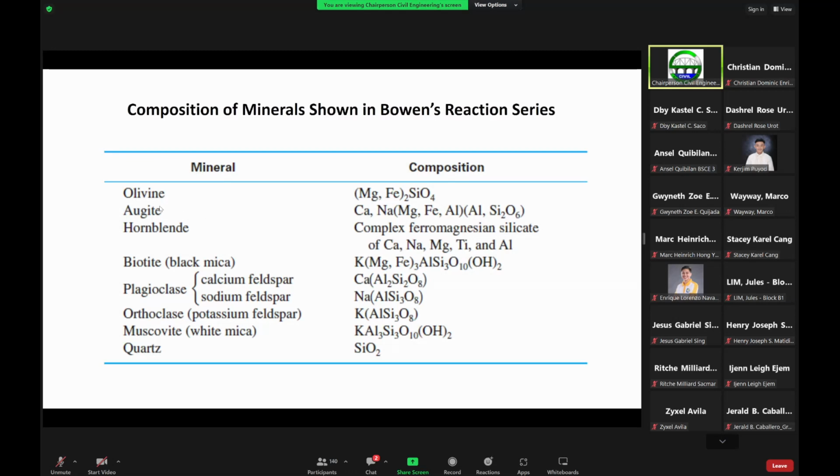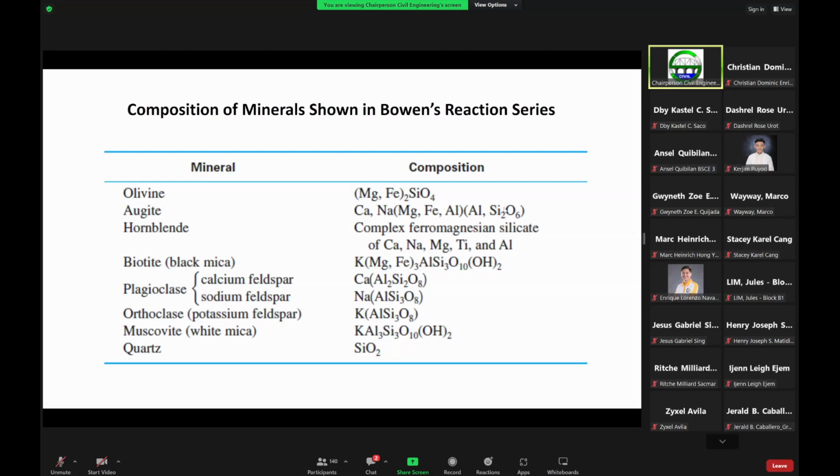This olivine is made of magnesium or iron, then you have silica, and then you have the oxides. That's the composition of olivine. Then the augite is composed of calcium, sodium, magnesium, iron, aluminum, and silica oxide.